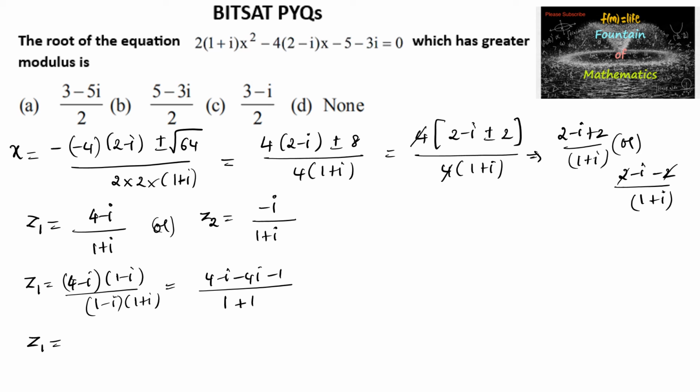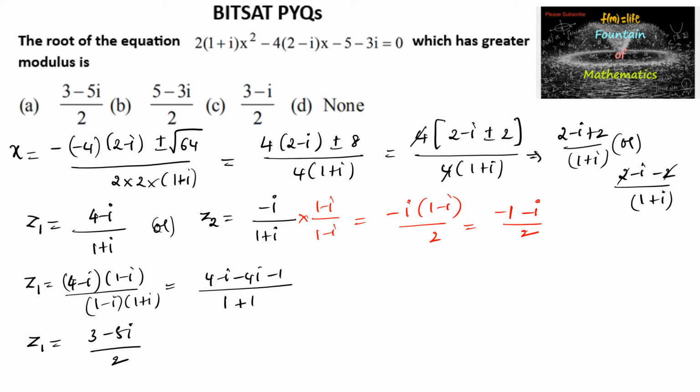So z1 is equal to (3 − 5i)/2. And similarly z2, multiplying and dividing with (1 − i), we get −i(1 − i) divided by 2, that is −i + i², so (−1 − i)/2.